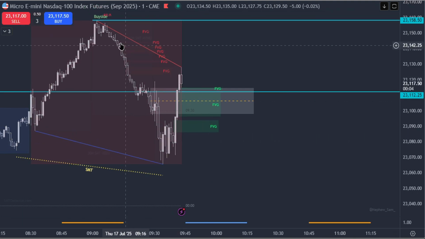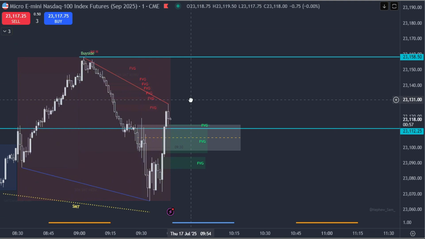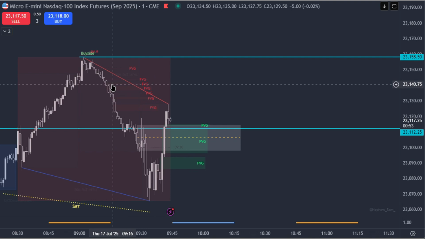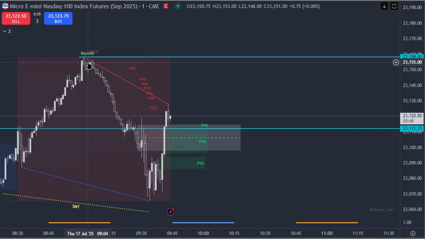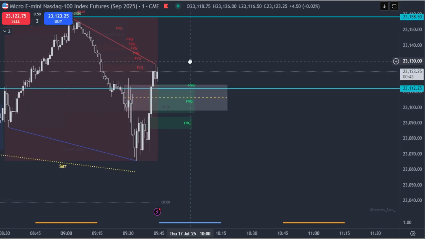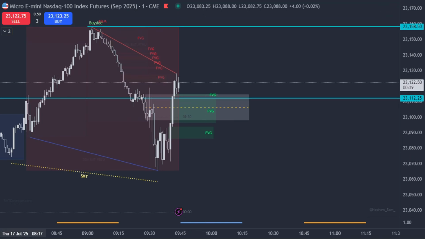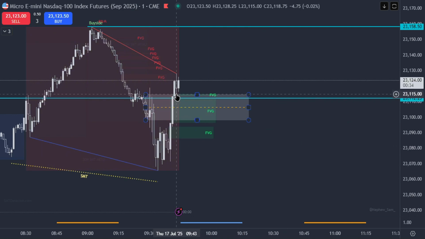So ES already took these highs. However, I'm still bullish on the higher time frame because we're looking for Tuesday's highs, and ES has not taken Tuesday's highs yet. Well, I guess we could have entered there.